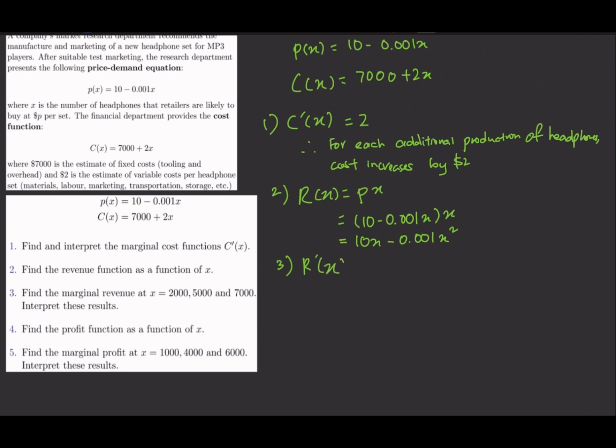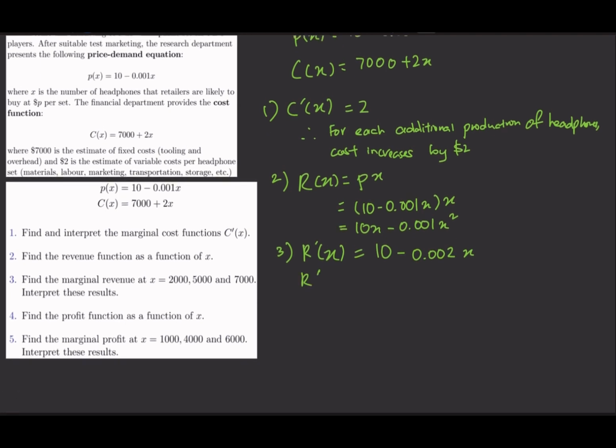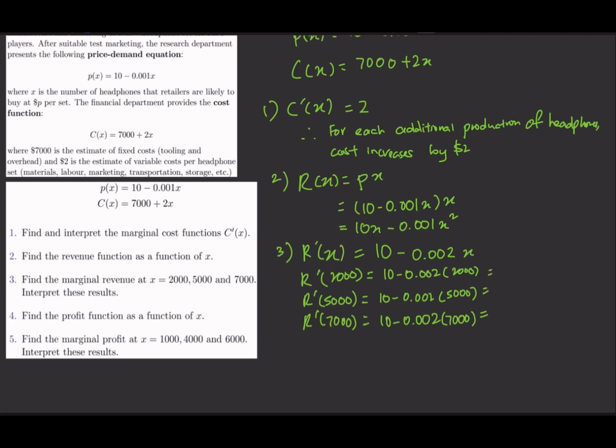The marginal revenue R prime of x, well, we can differentiate this function. 10 minus 0.002x at R prime 2,000, R prime 5,000, R prime 7,000. Just substitute. We get 6, 0, and negative 4.